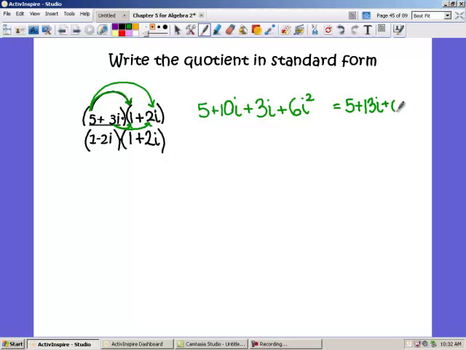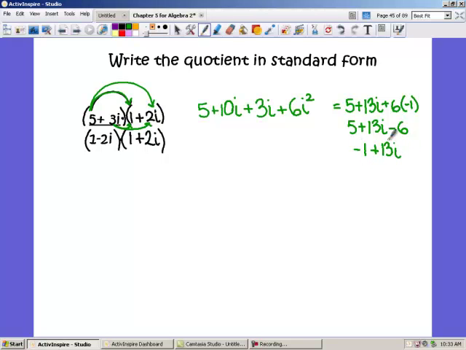So instead of writing the i squared, I'm going to write a negative 1, because that is what i squared equals. So now I do have a number over here. So I have 5 plus 13i, and 6 times negative 1, which is negative 6. And 5 minus 6 is negative 1 plus 13i. So here is the top part.